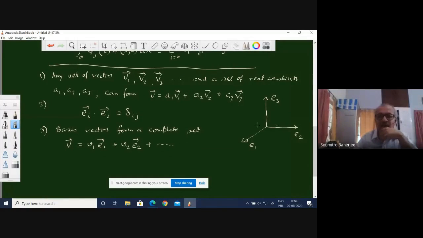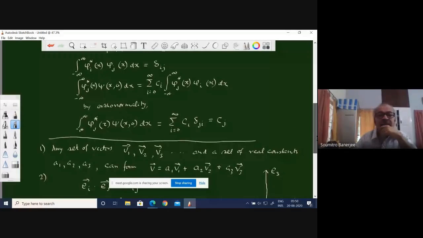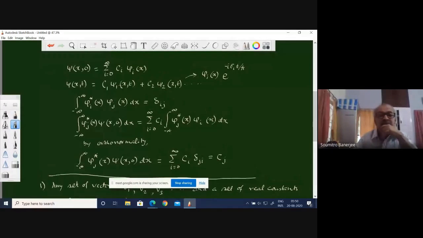I'm not only considering a three-dimensional space, but if you have a large number of vectors, then this is essentially equal to, okay, let's for now focus on only three variables. So it will be v3 e3, then it will be the sum over i equal to 1 to 3, just vi ei. And notice that this is similar to what we wrote here. So these are the bases, and I am expressing things in terms of that.